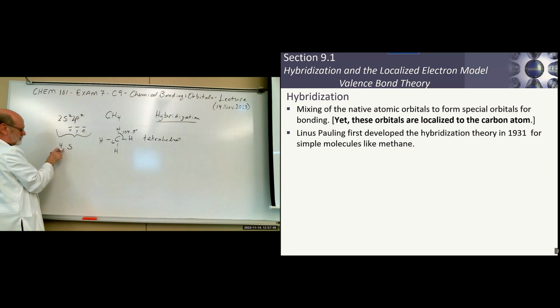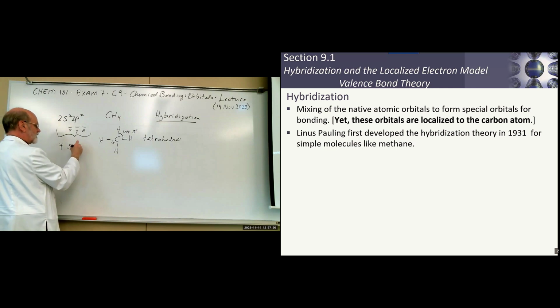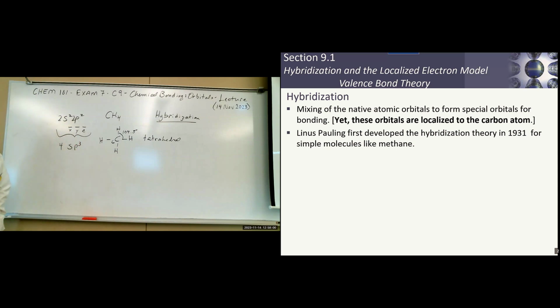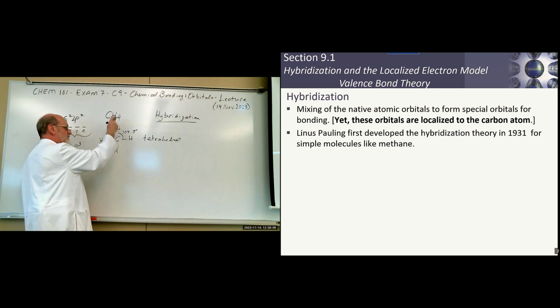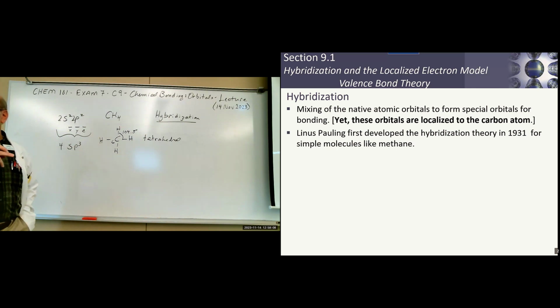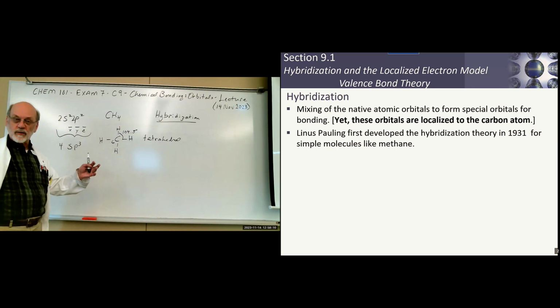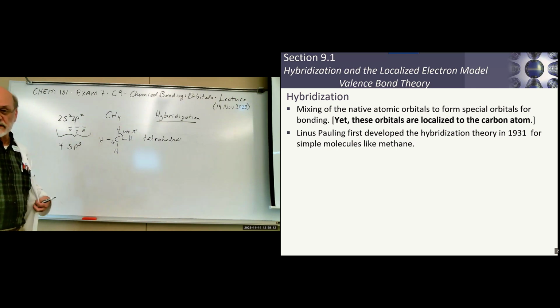We have 4 hybrid orbitals that are composed of the s and 3 of the p's. We need 3 plus this 1 to give us 4 orbitals. Now we've got an orbital for that direction, that direction. Okay, that's a hybrid orbital. This is one type of hybrid orbital.